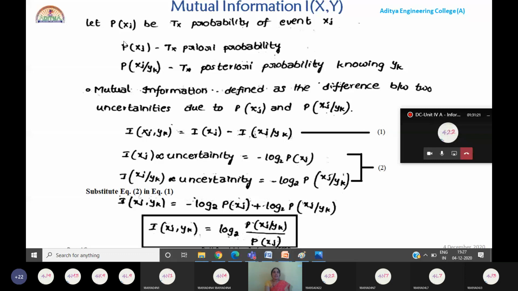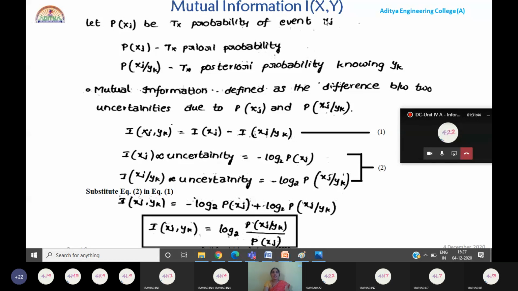As we considered earlier, let us consider the transmitter events as xj, where j ranges from 1 to m. Let p of xj be the transmitter probability of event xj.